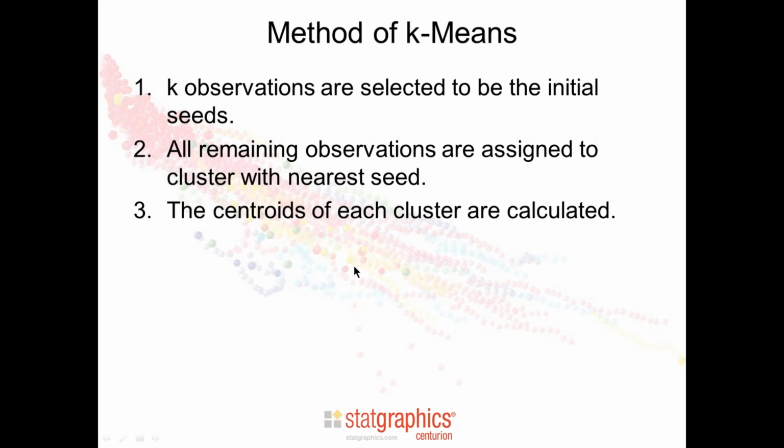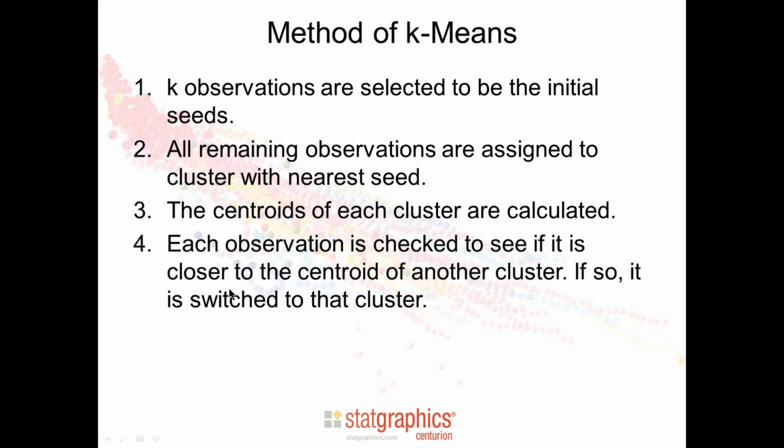Okay? After you do that, you calculate the centroid of each of the clusters. Again, the centroid is the point in 10-dimensional space that's the mean of each of the 10 variables for that cluster. If you find any observations that are closer to the centroid of a different cluster than they are to their own cluster, then you move them to that other cluster.